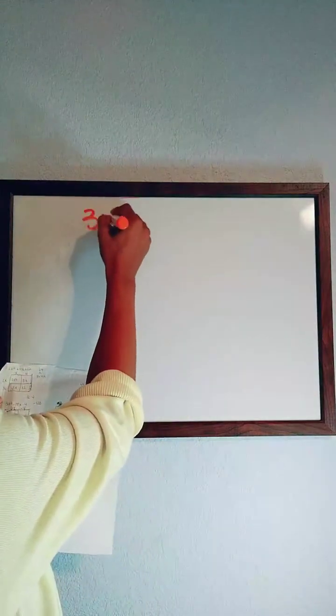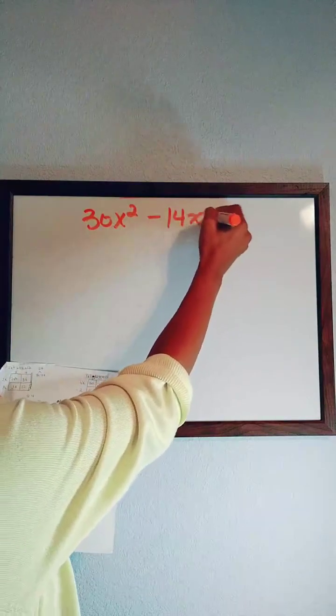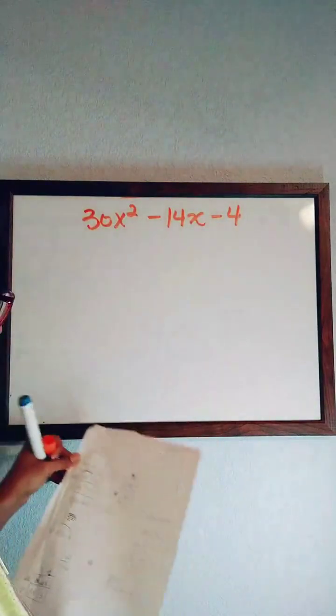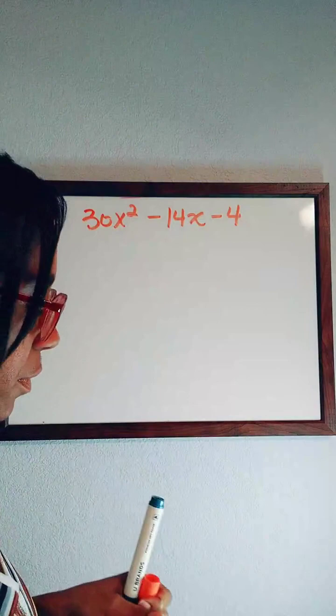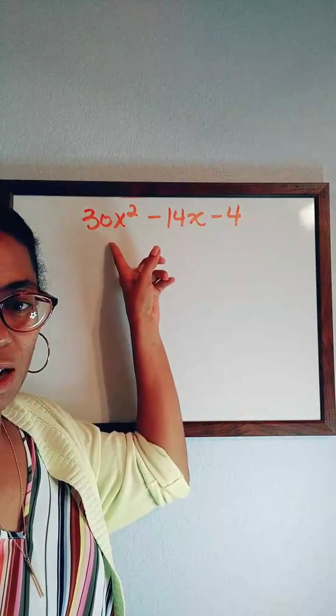She did the box method because it was so big. This one is not bad either because it's not a whole lot of factors for 30.